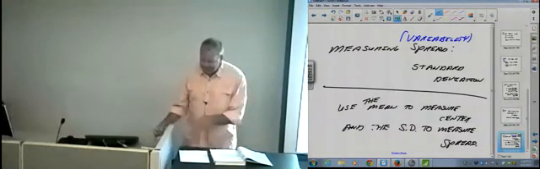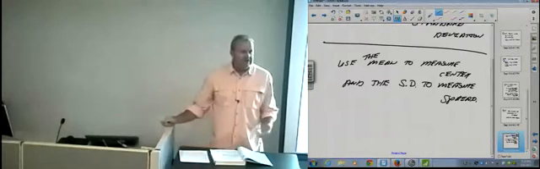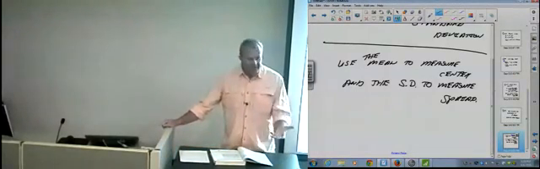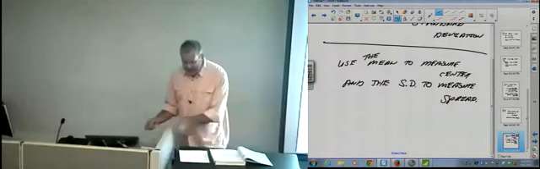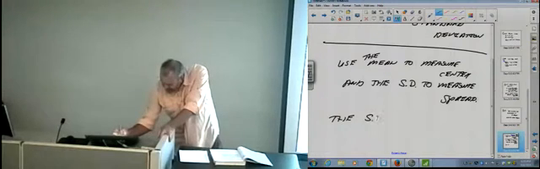Now, if you're reading that box, it gets ugly in a hurry. So I'm going to give it to you in how I think about the standard deviation, and I haven't given you any notation or the formula.